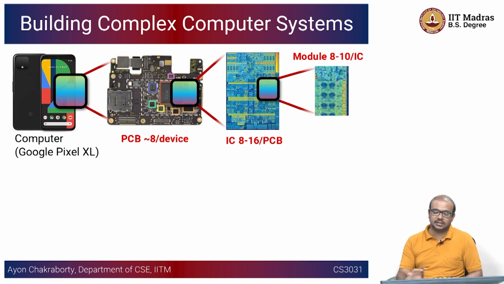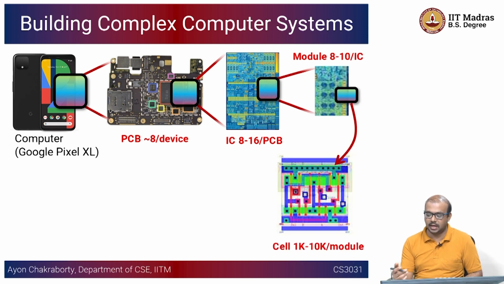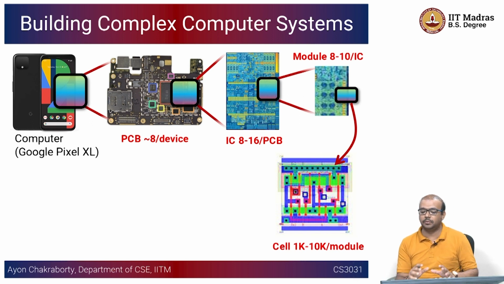All these things are some kind of increasingly complex computational block. Let us complete this chain. From a module, there is this concept called a cell, which is much simpler than what an IC does, but you need maybe 1,000s or 10,000s of these cells in a given module.